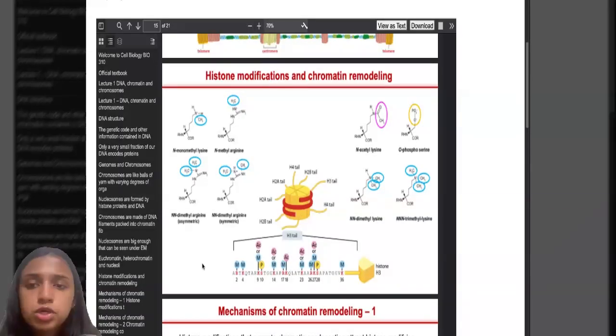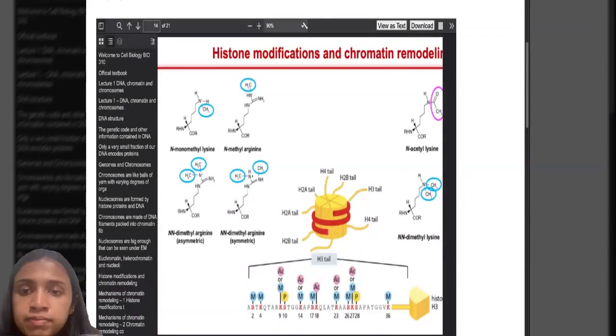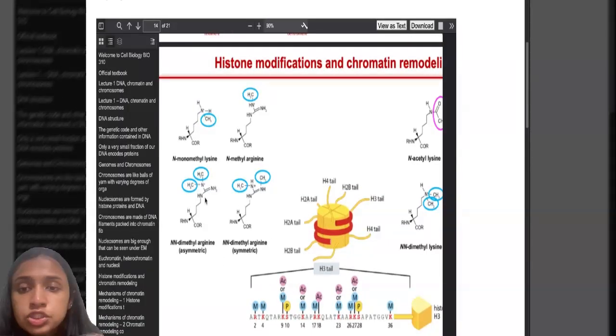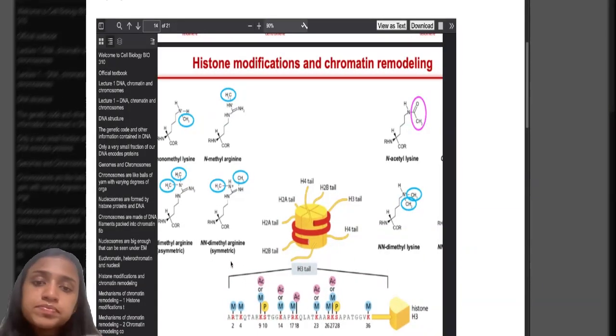Histone modifications and chromatin remodeling. You have the N-monomethyl lysine here with the methyl group, then N-methyl arginine, and N-dimethyl arginine, which is asymmetric, and N-dimethyl arginine, which is symmetric.